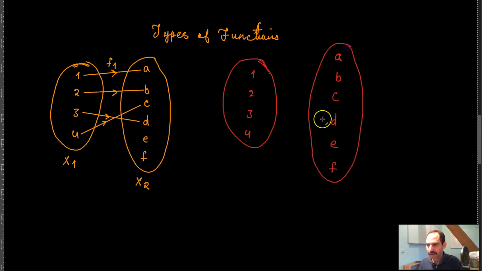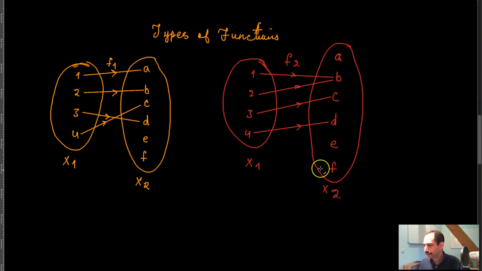So you could have that, and 1 and 2 have been mapped to B, and 3 has been mapped to C, and 4 has been mapped to D. So we can have this type of situation as well. Call it, for example, F2. Call this, for example, X1 and X2.